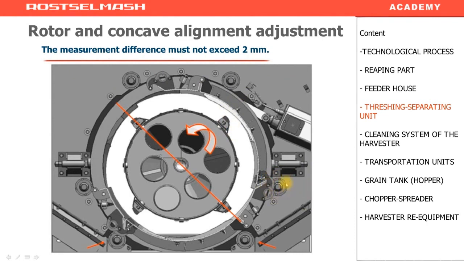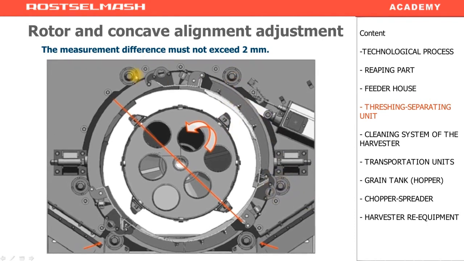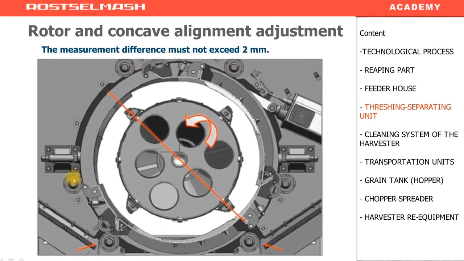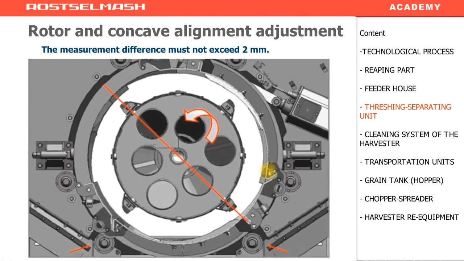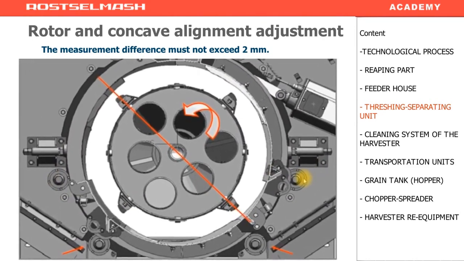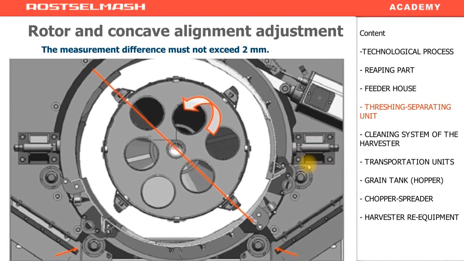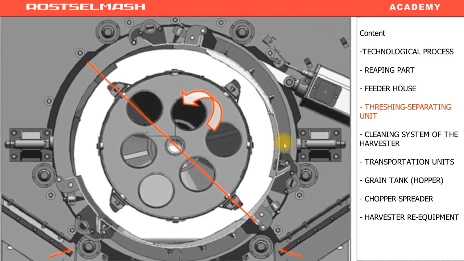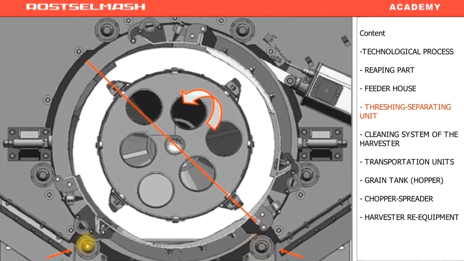To do this, loosen the 4 rollers, 2 at the top and 2 at the side. Loosen the nuts that fix them and move them away. The lower rollers are used for adjustment. They are eccentrical. By rotating these eccentrical rollers, we change the concave rotation center, and thus we may achieve the desired result.